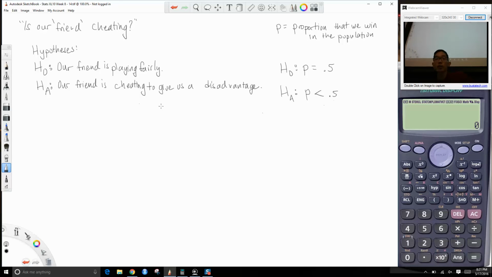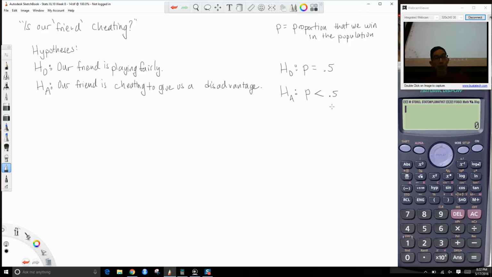If we say our friend is cheating to give himself an advantage, it would make sense to rephrase P to be the proportion that our friend wins, and in that case, P would be greater than 0.5. So it depends on what you define P to be. Here P is the proportion that we win, and giving us a disadvantage or giving himself an advantage would mean that the proportion we win is less than 0.5. Okay?